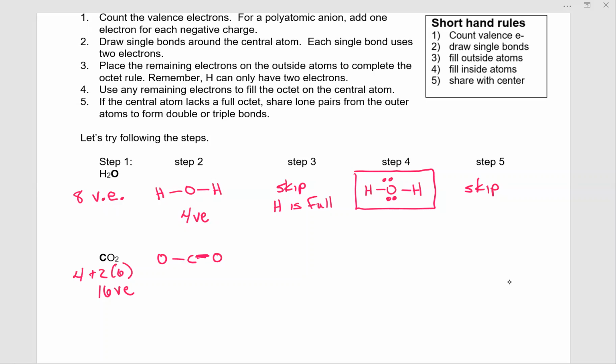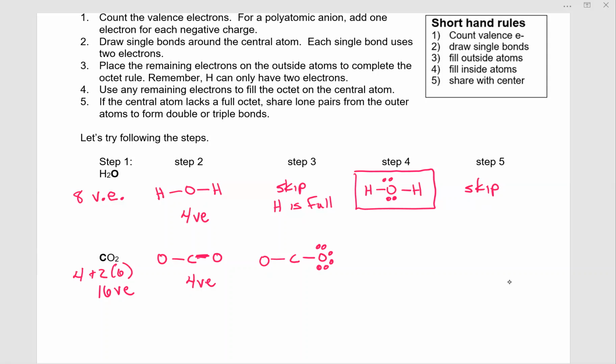All right, let's see how many we've spent. So each line represents 2 electrons. So far we've spent 4 valence electrons. It says place any remaining electrons on the outside atoms. So we're going over to step 3. Everything goes in pairs, and you will always have enough to fill the outside atoms. So 2, 4, 6.